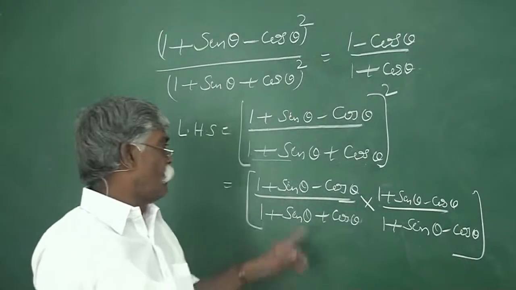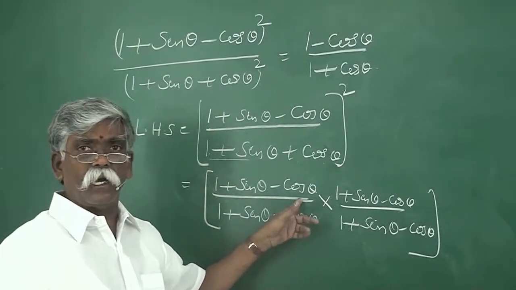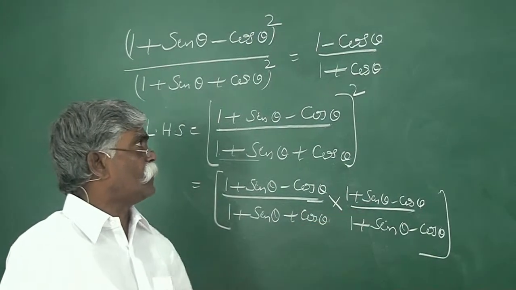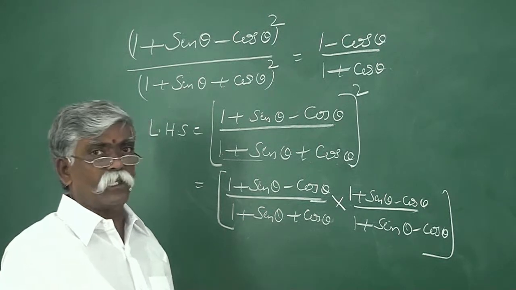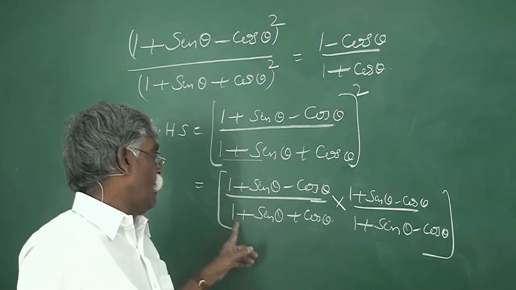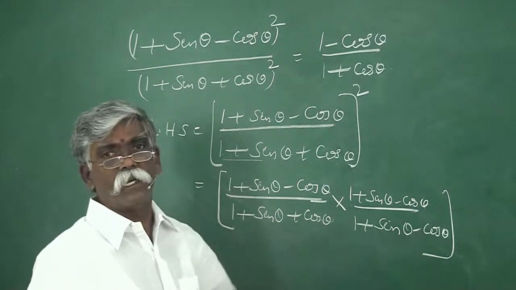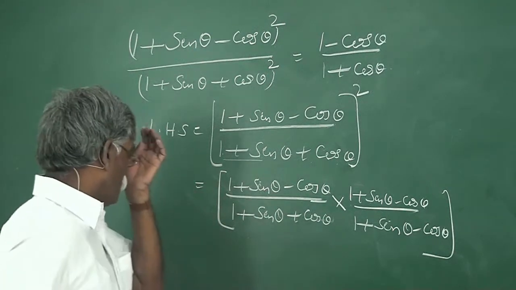Now the numerator is (1 plus sin theta minus cos theta) into (1 plus sin theta minus cos theta). It becomes (1 plus sin theta minus cos theta) whole square. And the denominator is a plus b into a minus b, a square minus b square.